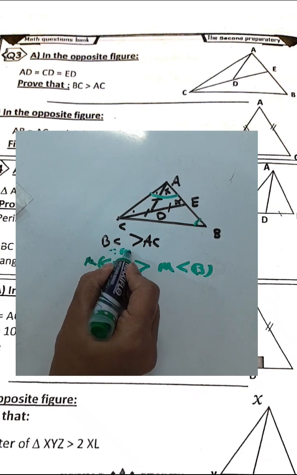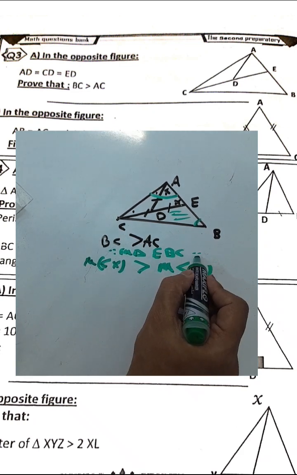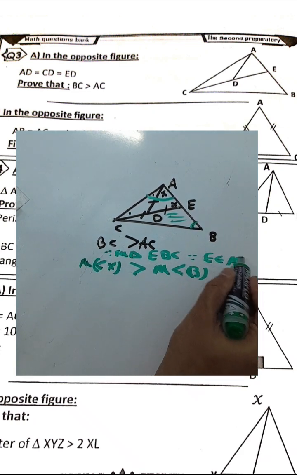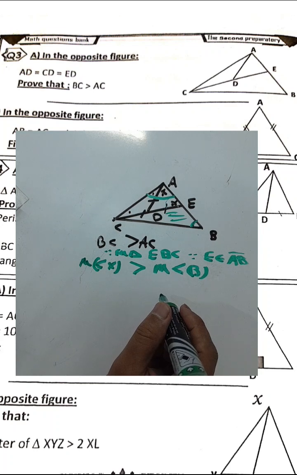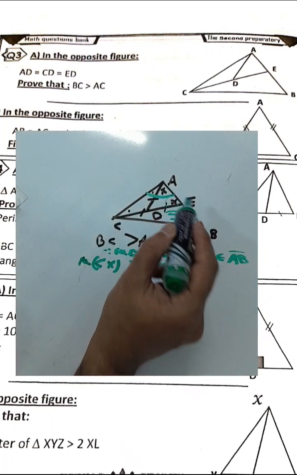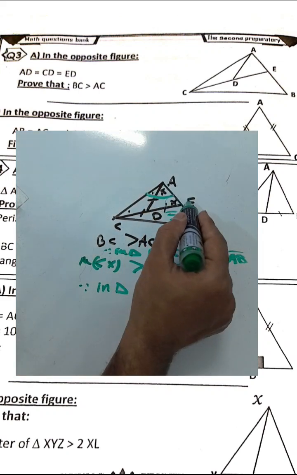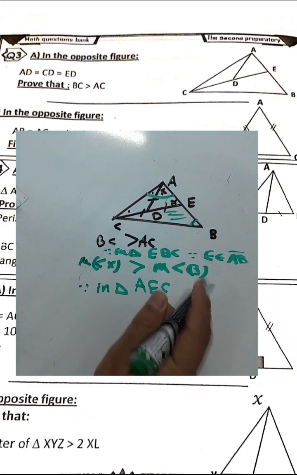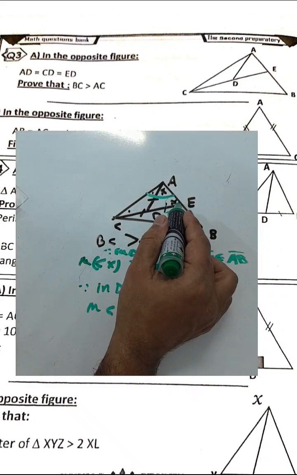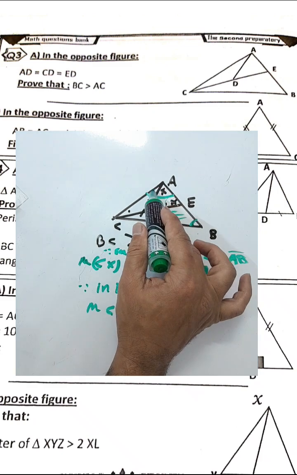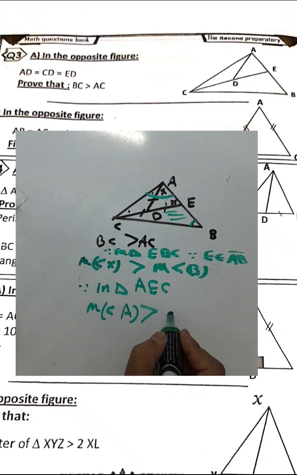In this triangle, such that E lies on the line segment AB, the measure of angle x will be greater than angle B. And in triangle EAC, the measure of angle x is less than the measure of angle A, so angle A will be greater than angle x.